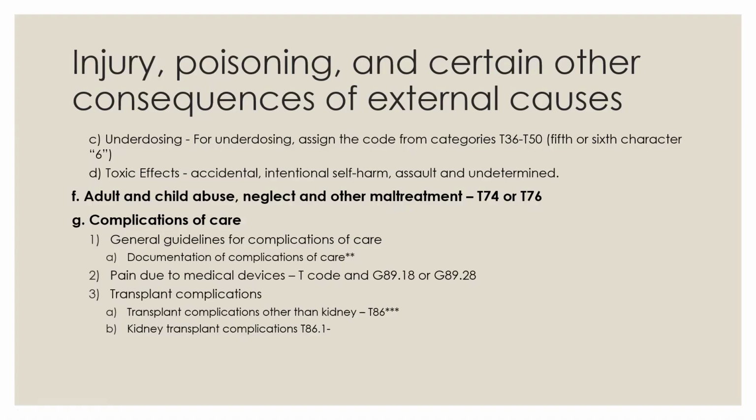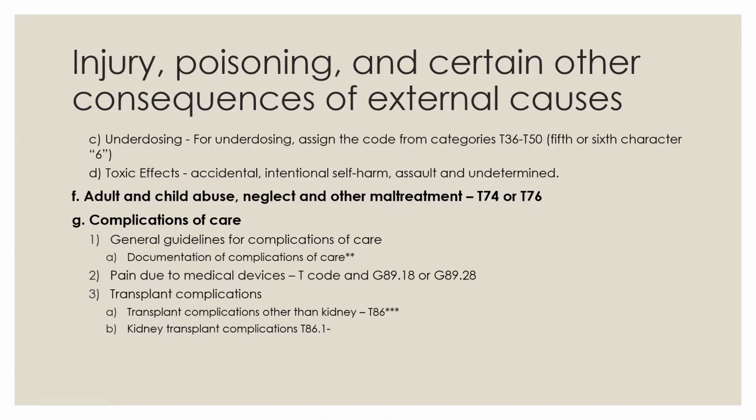For cases of confirmed abuse or neglect, an external cause code from the assault section, X92 through Y09, should be added to identify the cause of any physical injuries. A perpetrator code Y07 should be added when the perpetrator of the abuse is known. For suspected cases of abuse or neglect, do not report an external cause code or a perpetrator code.